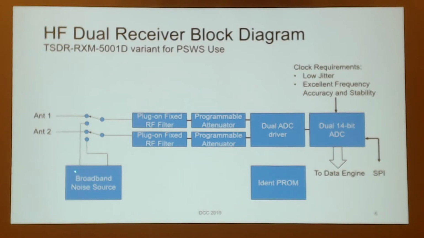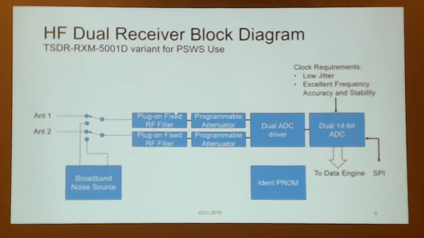One of the unique things here is we have a broadband noise source, and that will go through a relay, and periodically we can connect the receiver input to this broadband noise source. It has a known amplitude distribution over frequency, so we can periodically switch the receiver down to the noise source and calibrate the input amplitude on the receiver.